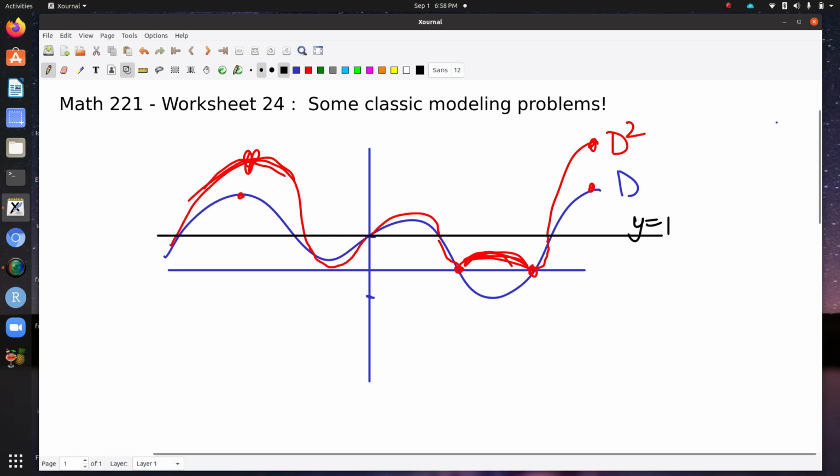But it doesn't matter. The point is, it's still always going to be maximized at the same x value. And once you get those critical points, if you want the actual distance, you just plug it back into that blue curve again. You don't have to worry about that red curve anymore. So this is a very, very common stunt we use when we're trying to maximize distance. We always just maximize distance squared, because it's just a lot easier.